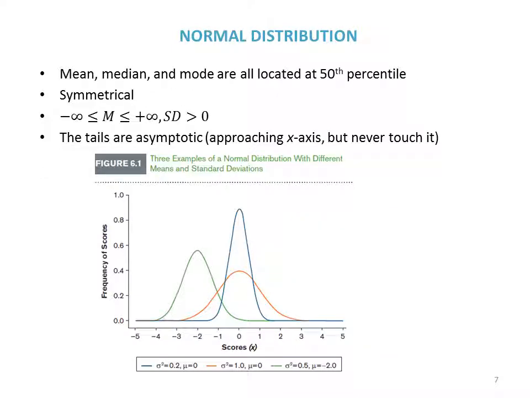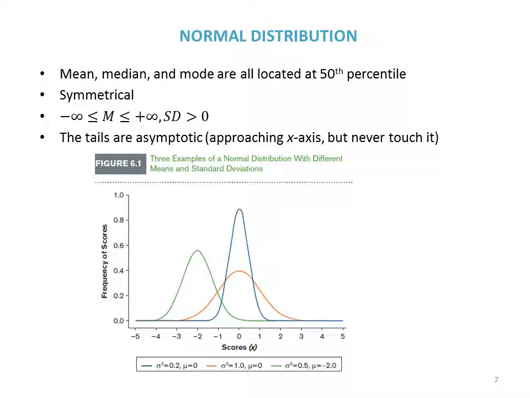The other characteristics of normal distributions are the mean, median, and mode are all located at the 50th percentile. That means that half of the data in a normal distribution fall above the mean, the median, and the mode, and half fall below. A normal distribution is symmetrical.